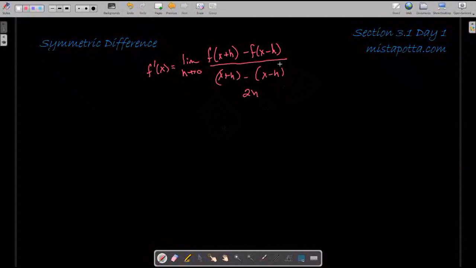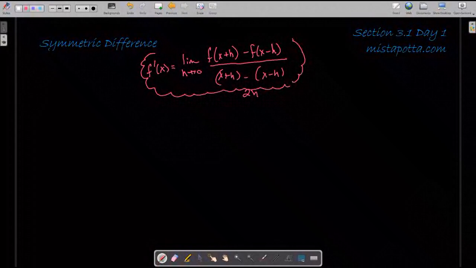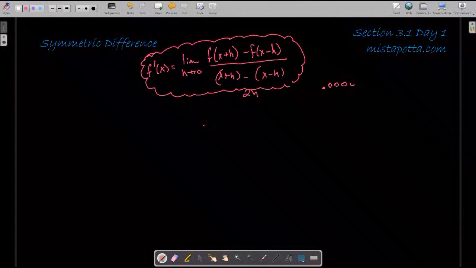And the benefit of using this symmetric difference formula is because this is how our calculators calculate a numeric derivative. By taking this for some very small value of h, like 0.00001, and this is something that's called the tolerance.